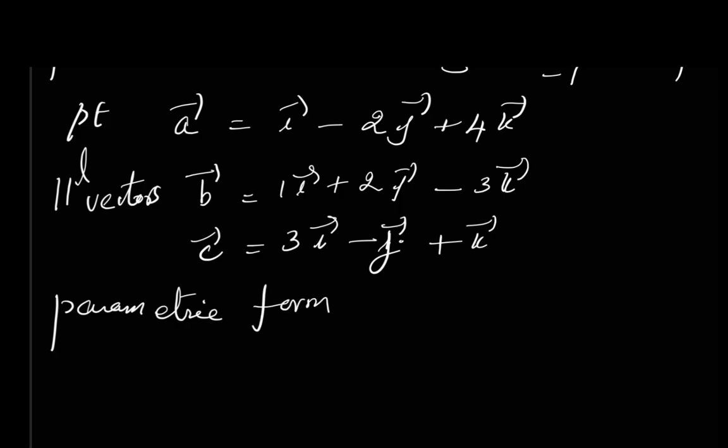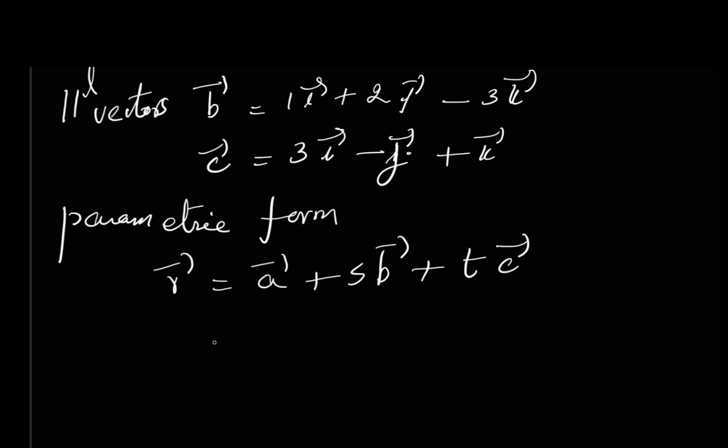Parametric form is vector R is equal to vector A plus S into vector B plus T into vector C. So, substitute the points.